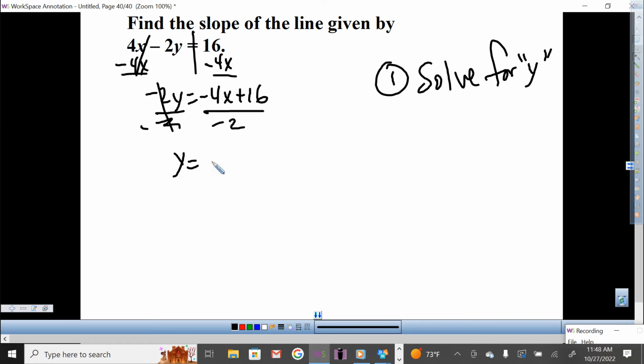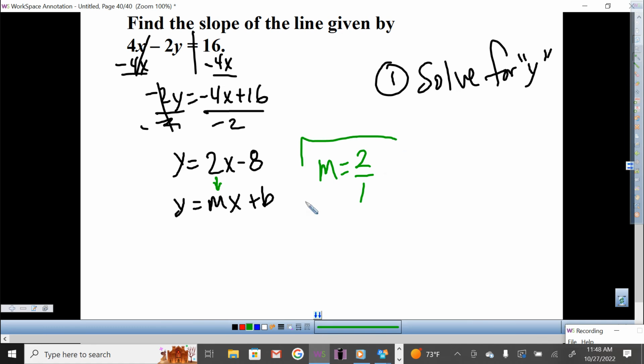Y equals 2x minus 8. By looking at that, I can write my slope-intercept form, which is mx plus b. So tell your neighbor the slope of that equation. Everyone? 2. That is correct. The 2 in fraction form is 2 over 1.